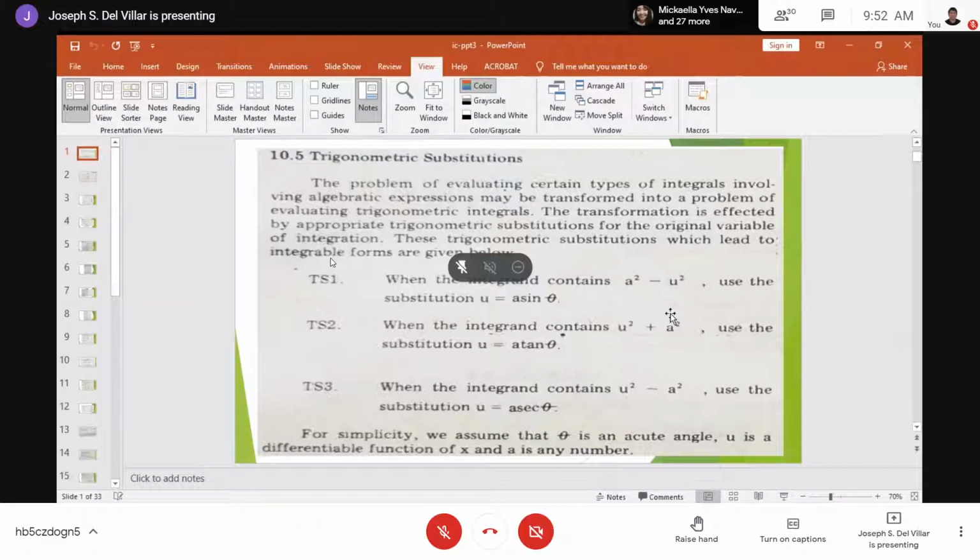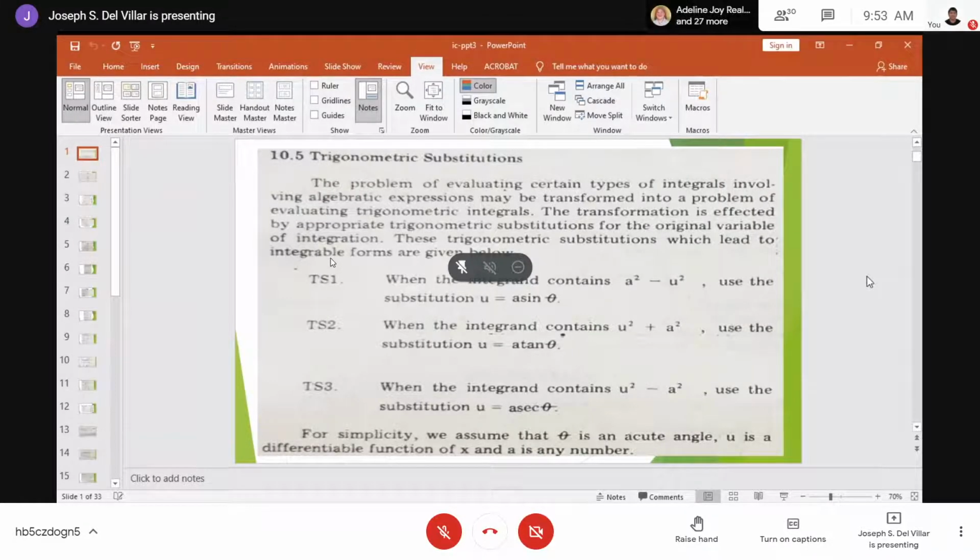Let u be equal to a sine theta, okay? So when the integrand contains a squared minus u squared, use the substitution u is equal to a sine theta. Of course, you can also substitute x. So let x be equal to a sine theta, pwedeng x instead of u.